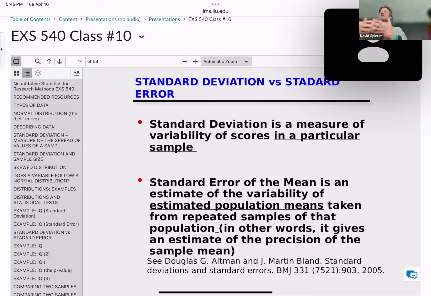So when we talk about the standard error, we're really looking at different populations and the means within those populations comparatively, like comparing the means of each one of those populations. Whereas the standard deviation is a measure of the variability in a sample. Now, I know it's confusing. We could do the standard deviation of those 25 people as well. That's fine. But that's in those 25 people. That is not comparing those 25 to these 25 to these 25 to these 25.